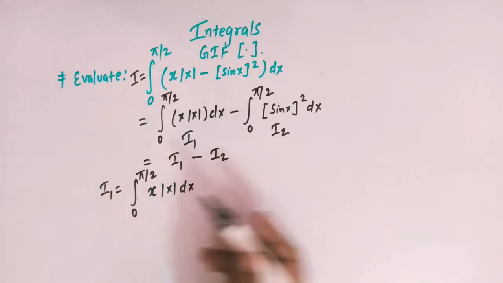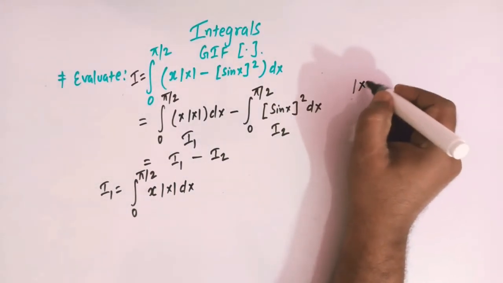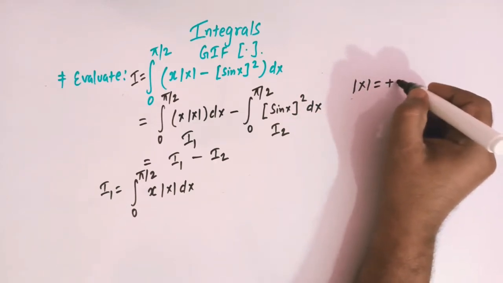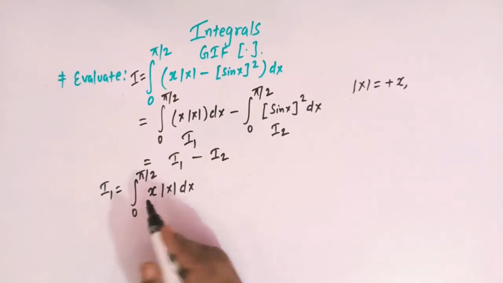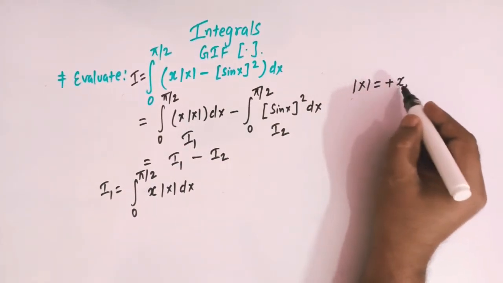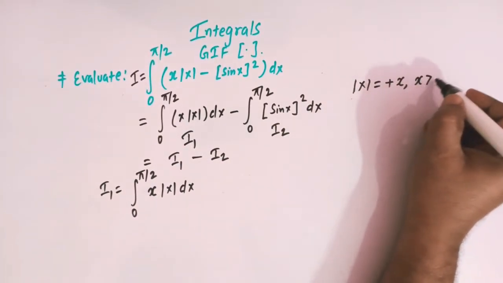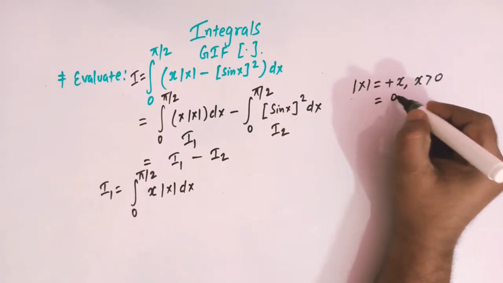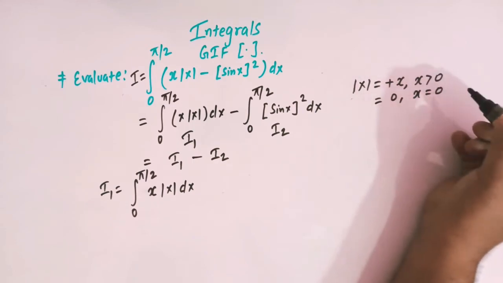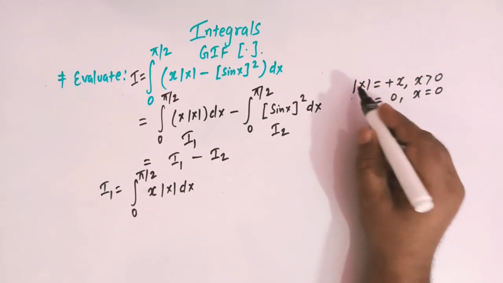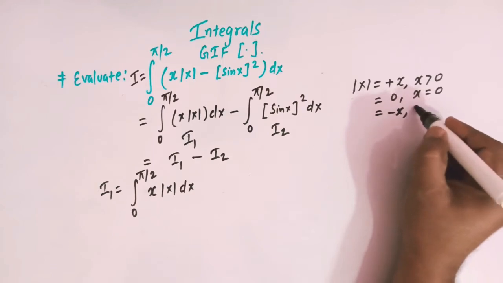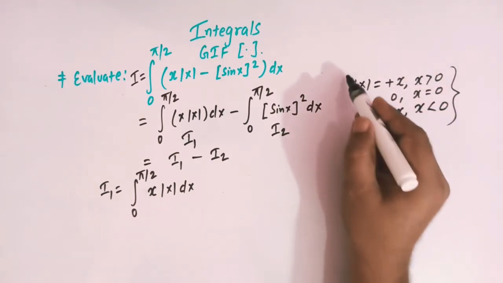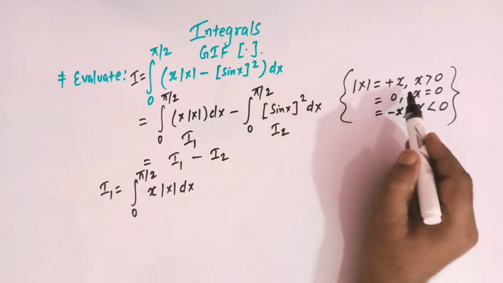Now see the value of this absolute value of x is simply plus x, because mod of x is equal to positive x whenever x is greater than 0, right? And mod x is equal to 0 whenever x is equal to 0, and this is equal to negative x whenever x is less than 0, right? So this is the definition of the mod function, right?